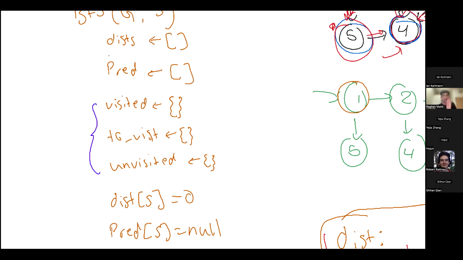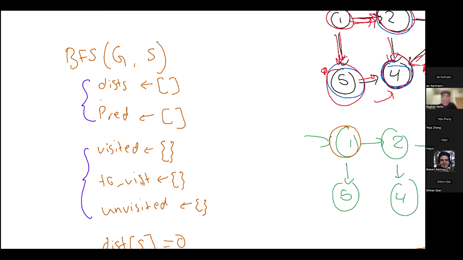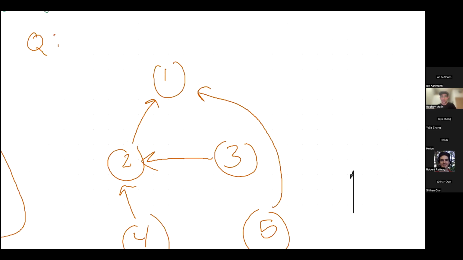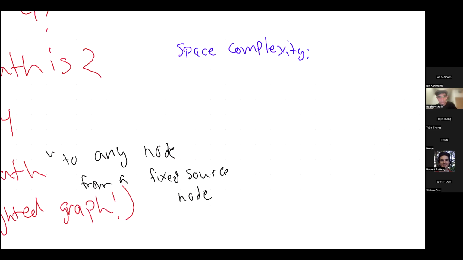And then I have to keep track of a distance and a predecessor for each vertex, right? By the time BFS is done, there's going to be an element in both of these tables for each vertex, right? So the auxiliary space is just proportional to the number of vertices.